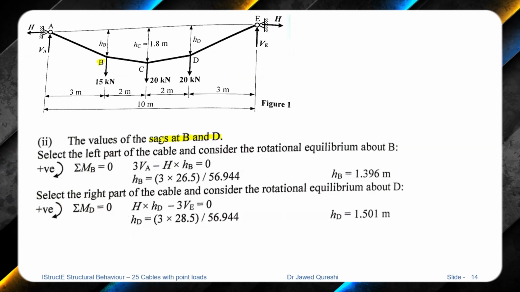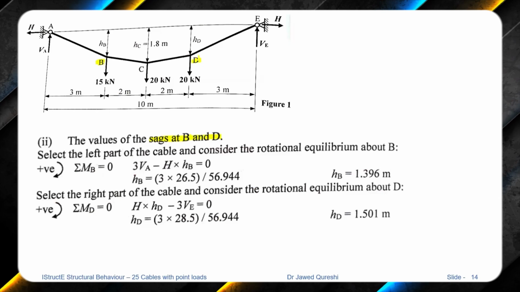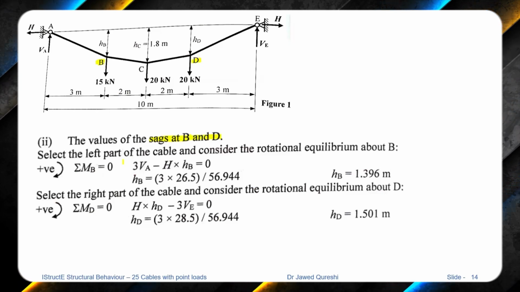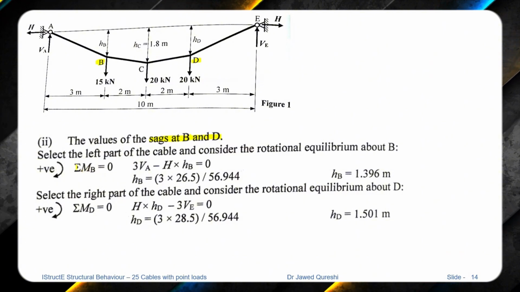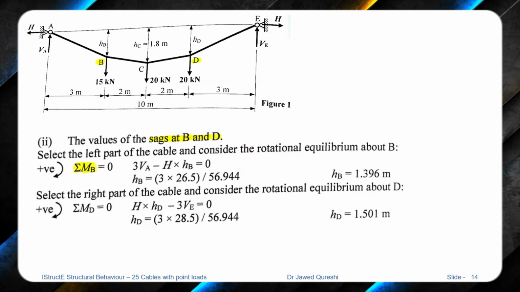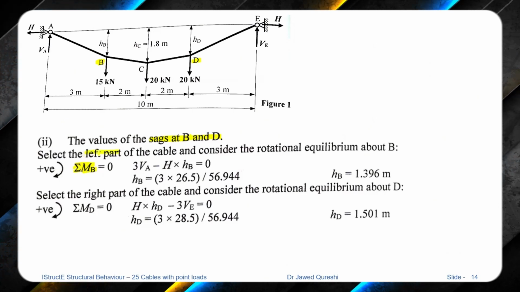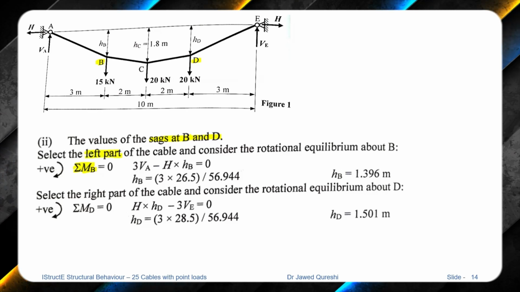Let us now determine the values of sags at B and D. This is B and this is D. Select the left part of the cable and consider moment equilibrium. So now we are working out the summation of moment at B is equal to 0. We are just considering the left part, and the reason we are able to do it is because the cable cannot take any moment.